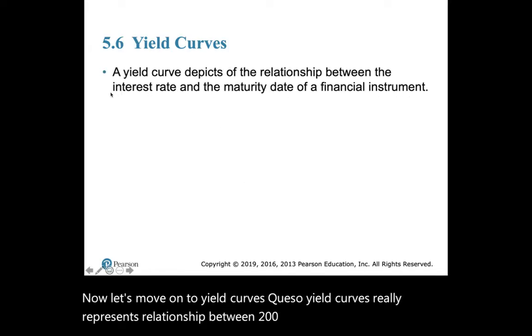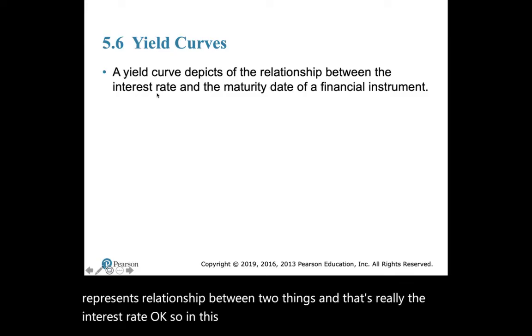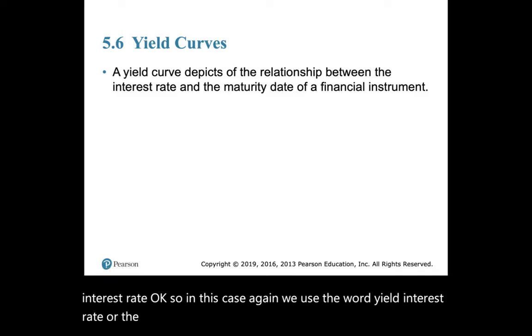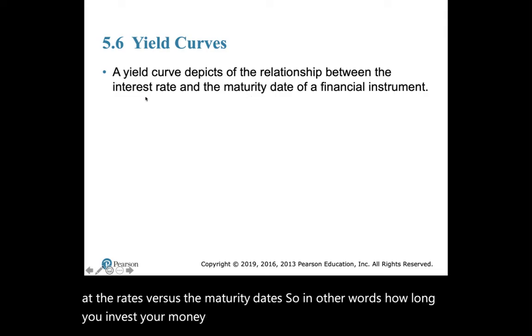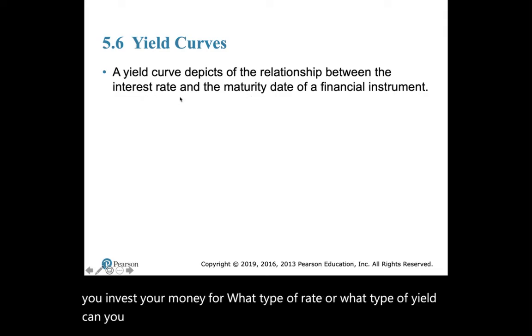Yield curves really represent a relationship between two things. In this case, we use the words yield, interest rate, or rate sort of interchangeably. But really we're looking at the rates versus the maturity dates. In other words, how long you invest your money for, what type of yield can you expect. This is what we mean by a yield curve.